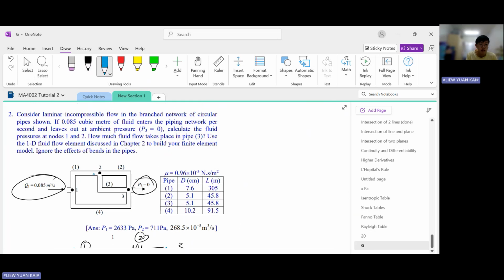Because there's no hole at node 2, and no fluid is entering or leaving node 2 through some kind of injection. I didn't inject or extract fluid from node 2. So that means Q2 is actually 0.